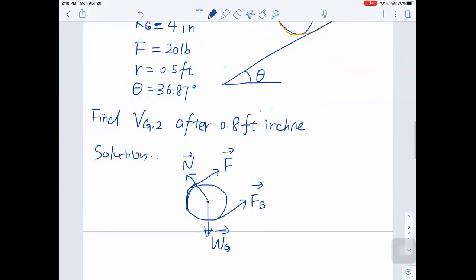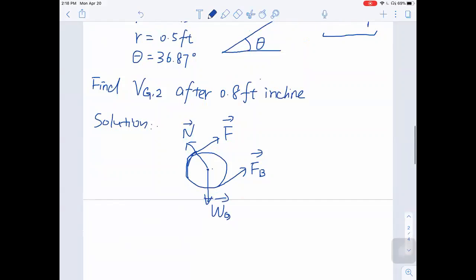One more thing I forgot to mention, the given is there's no slip. So this is a no slip problem. This FB force acting at the bottom of the disk serves as a force on the rope, as well as a friction force at the contact surface.